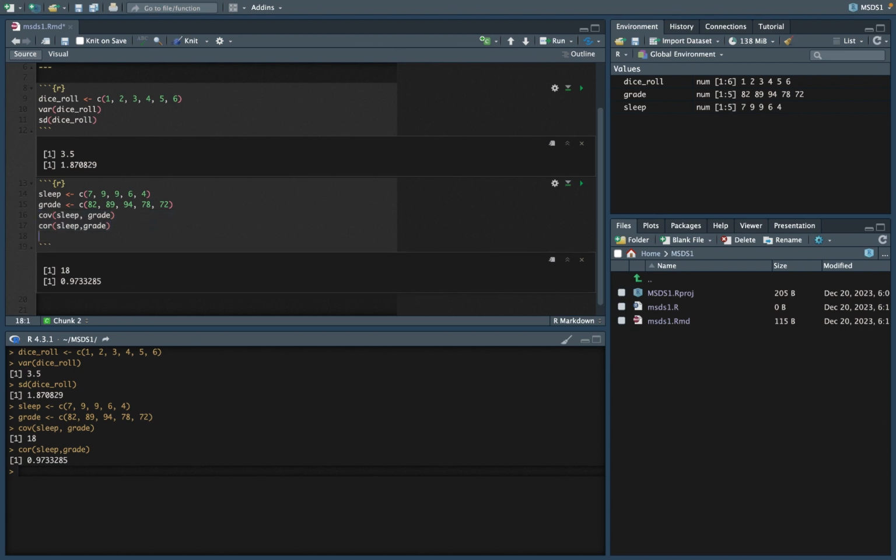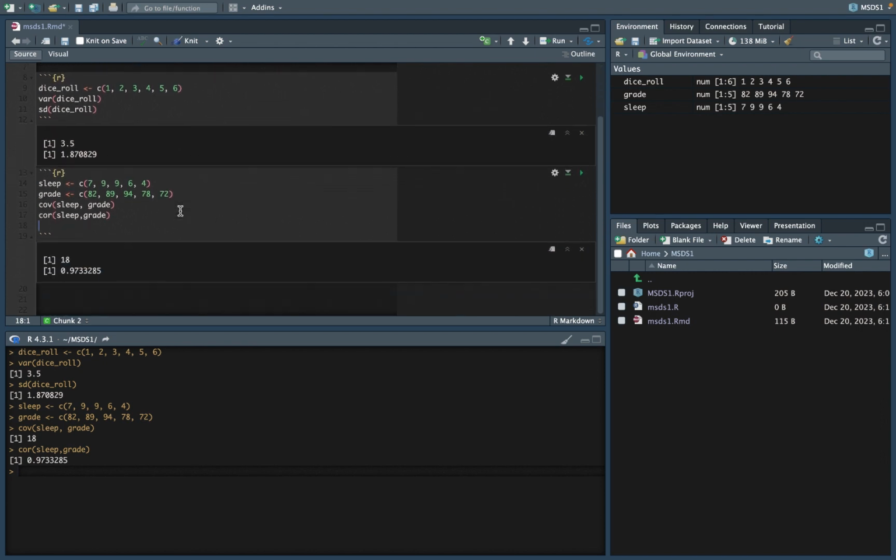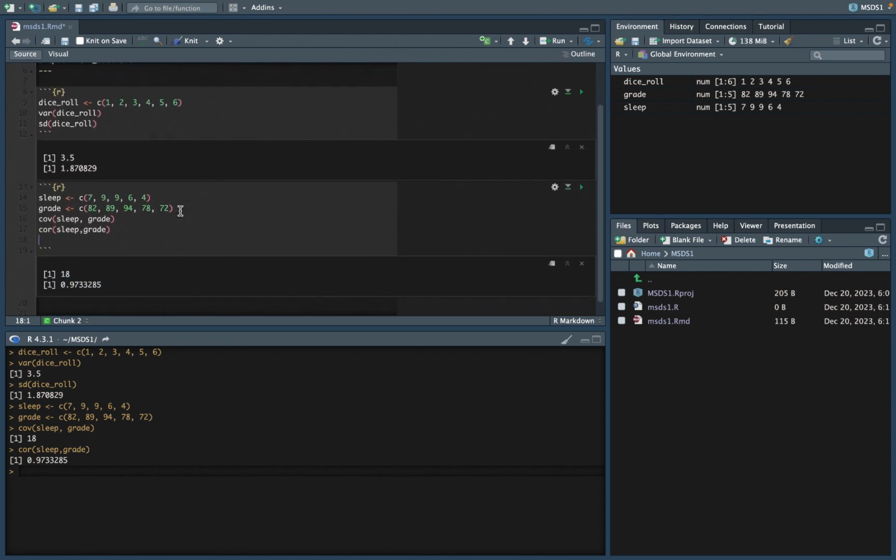I think it's important to note that we are concerned with finding the covariance and correlation of such things, but we're often going to have to do it in some sort of matrix or data set that we don't visibly see on our notebook or markdown or whatever.